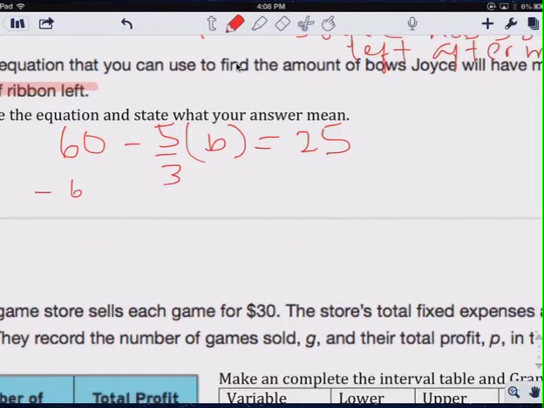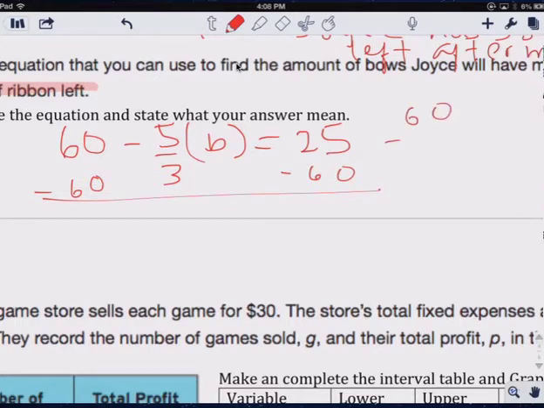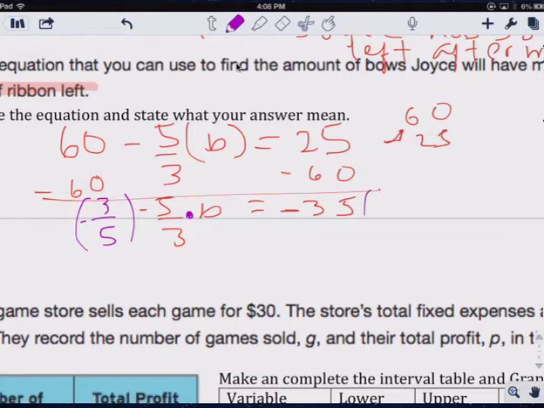Subtract 60 from both sides. 25 minus 60 is negative 35, because the bigger number is negative. So negative 5/3 b equals negative 35. Because the coefficient next to the variable is a fraction, multiply by its reciprocal, negative 3/5.